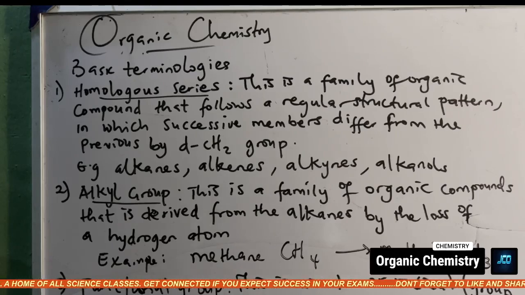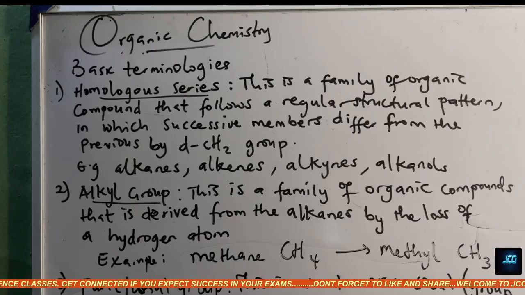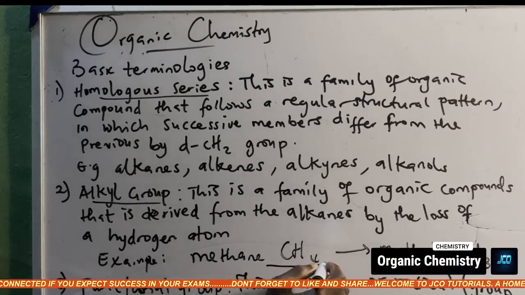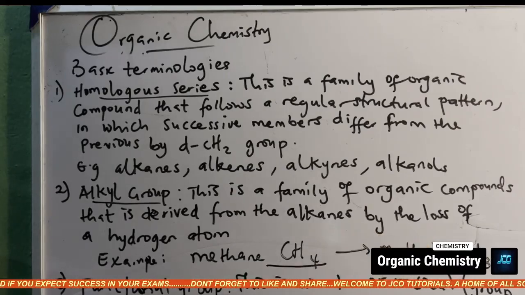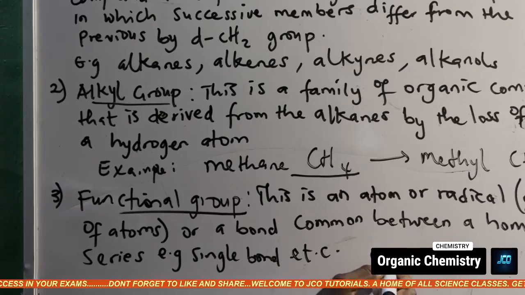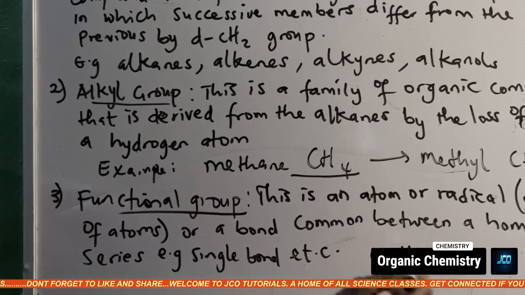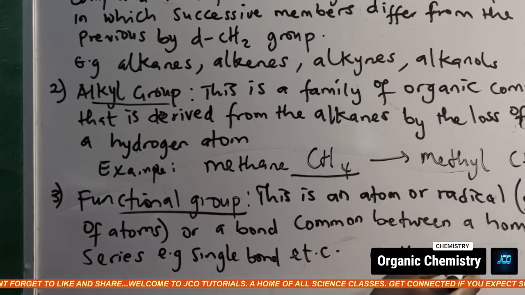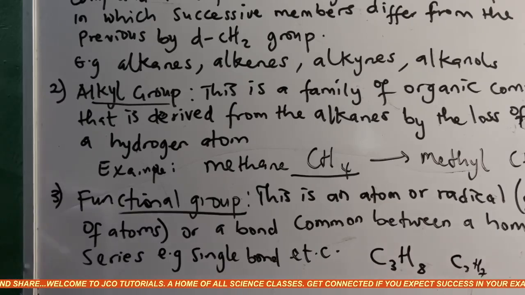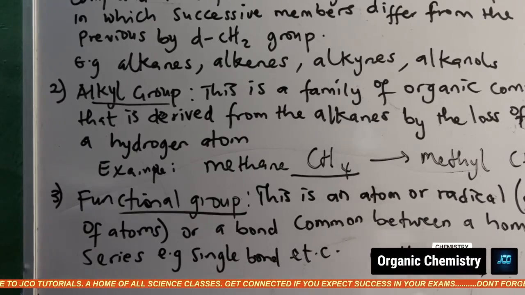If methane is CH4, it's going to lose one hydrogen, CH3. If I have C3H8, propane, it's going to lose one hydrogen, C3H7, propyl. That's how it's going to be for alkyl group.